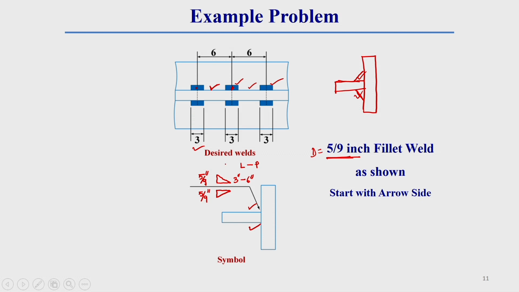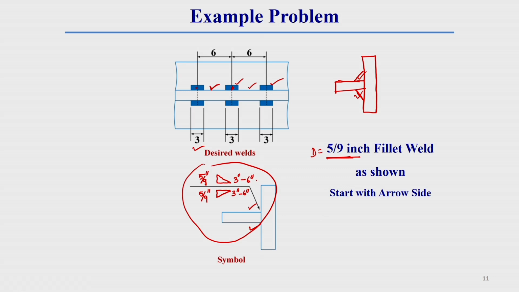Similarly, on the bottom side, that means the arrow side, a similar welding operation is done. So here also this will be 3 inch and this will be 6 inch. This information, whatever symbol I made here, will be given in your drawing sheet.